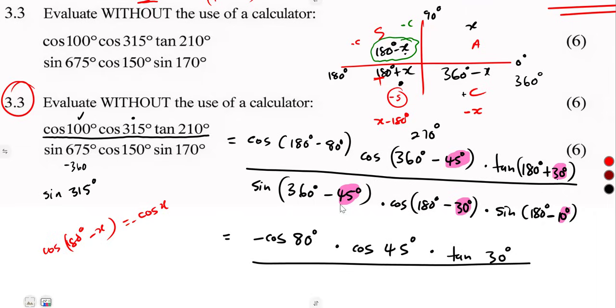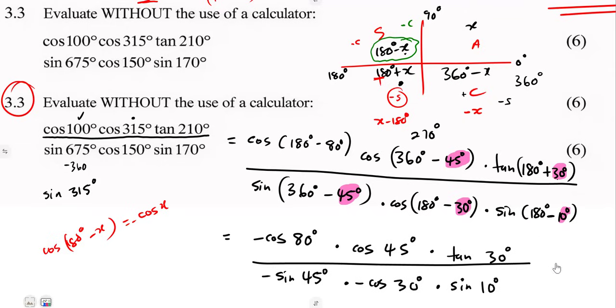Sine 360 minus 45 in the fourth quadrant, where sine there is what? Negative. So it was going to be negative sine of what? 45 degrees, the acute angle. And cos 180 degrees minus 30, 180 minus x, second quadrant, cos is negative there. So it's going to be negative cos 30 degrees times sine 180 degrees minus 10. This is in the second quadrant, and the sine is what? Is positive. So this is what you're going to have.